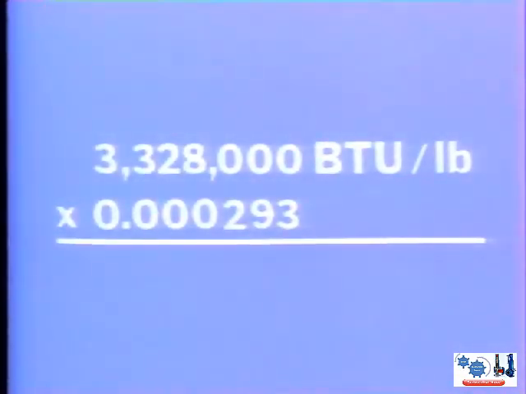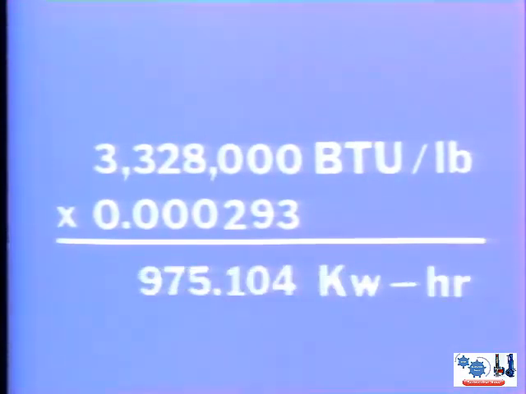So, multiplying 3,328,000 BTUs per hour by 0.000293, we find that about 975 kilowatt hours are lost when the steam temperature is 5 degrees low for 1 hour. Now, if you take this number and multiply it by your cost per kilowatt, you'll see just how significant a 5-degree loss in superheat is in terms of dollars and cents.